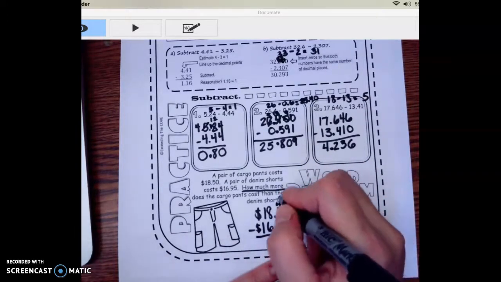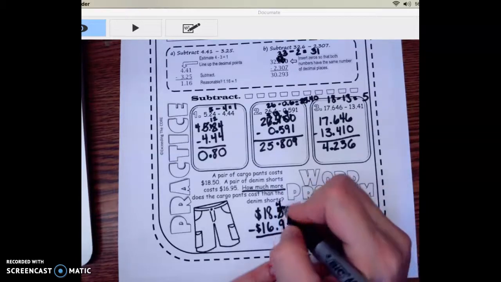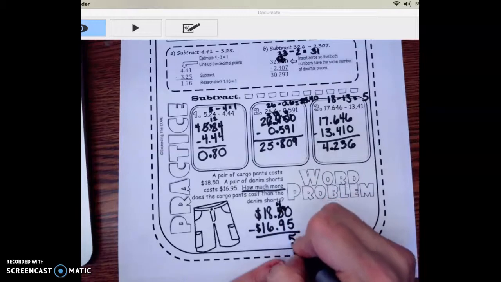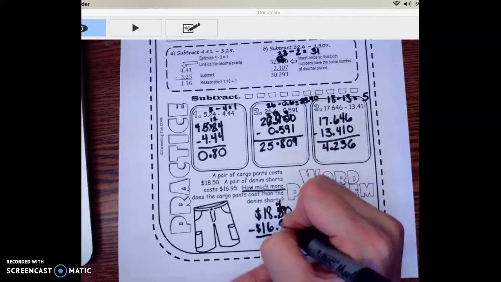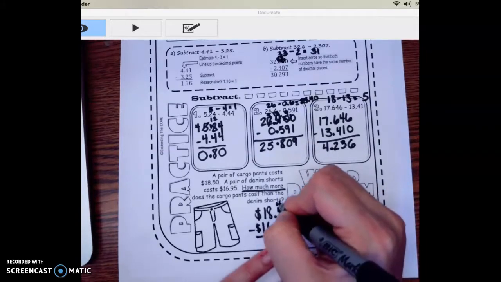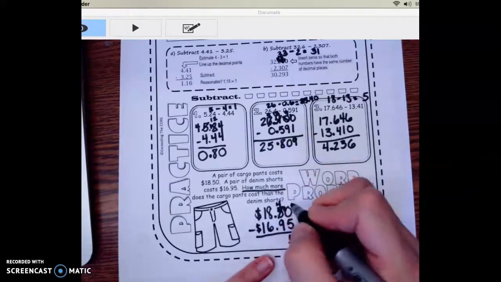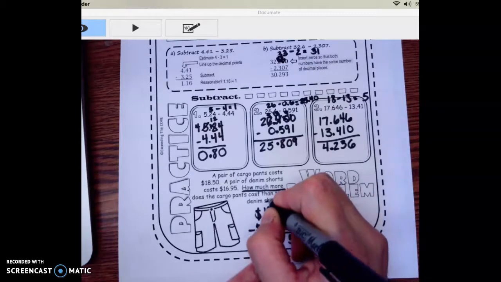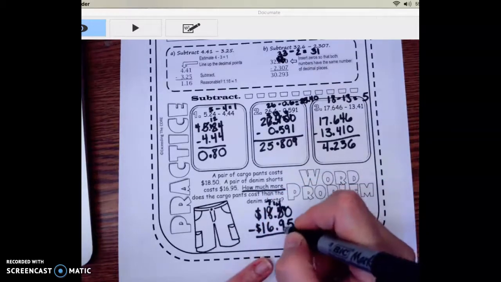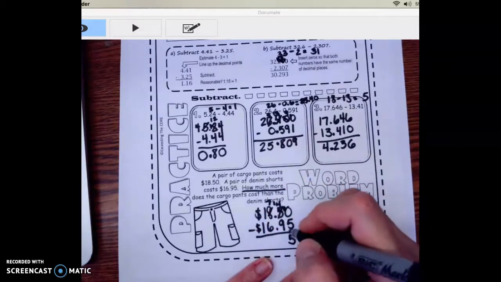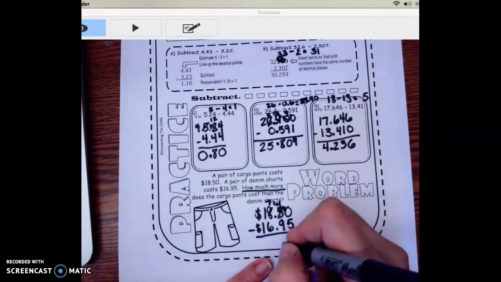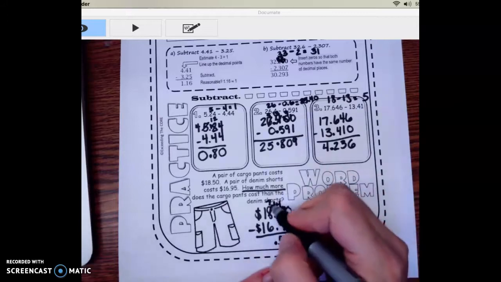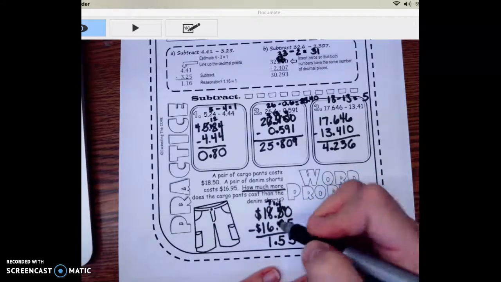Borrow from the 5. Give that 10 over to my ones place. That makes that a 10. 10 minus 5 is 5. I'm going to have to borrow again because I can't take 9 away from 4 without getting a negative. So I'm going to come over here and borrow from my 8. 14 minus 9 would be 5. My decimal point comes straight down. 7 minus 6 is 1.